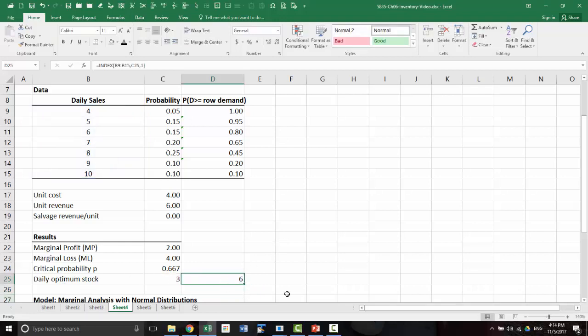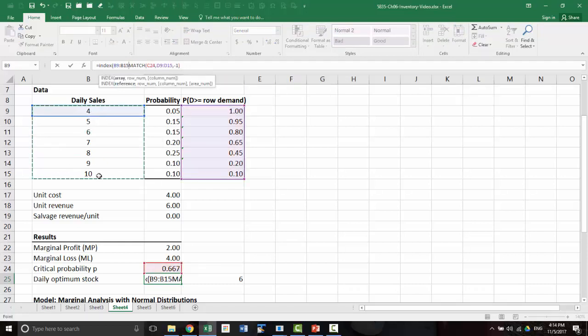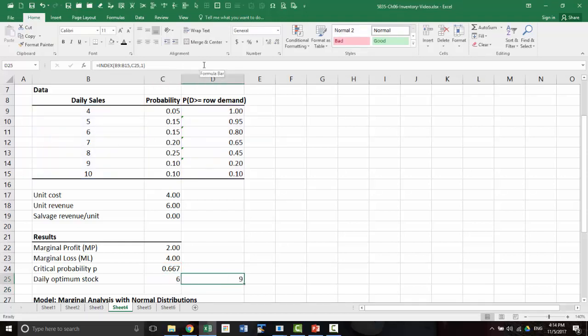So instead of putting index separately, let's put the index right there: index of that range, the row number comes from match, and column is 1. All right, so there you go. You can check this out. Suppose this was 0.9, then it is row 5. If it is 0.4, then it is row 8, and so on.